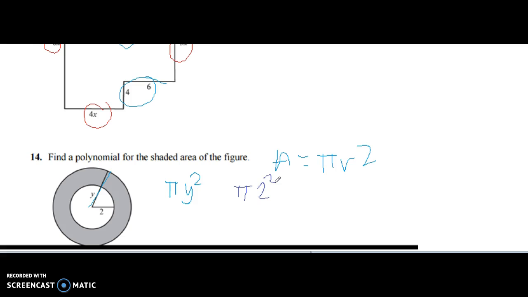So we can rewrite this as a polynomial showing the shaded area as pi y squared minus 4 pi. And that's the polynomial for the shaded area. So we would have to subtract to get the shaded part.